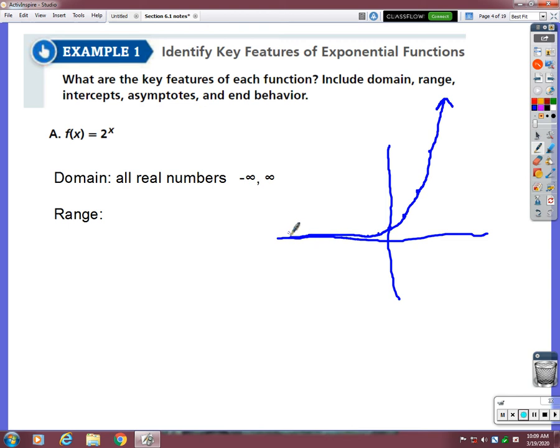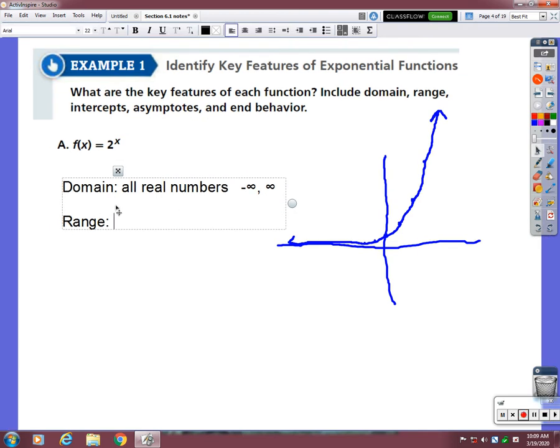And so the fun thing about cutting things in half is that no matter how many times you do it, you will never end up at 0. So in this case, my range will be 0 to infinity.